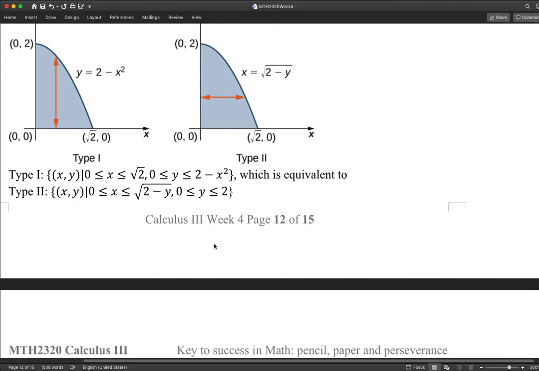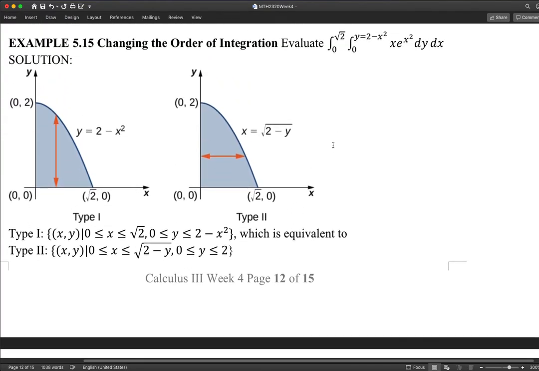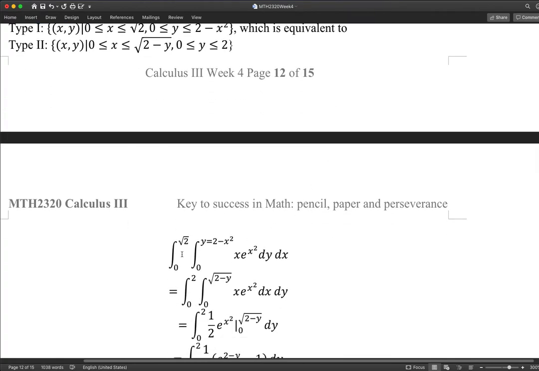And then, using the type 2 region, this same integral can be arranged in a totally different way. Even though mostly they may look about the same, it's really totally different.